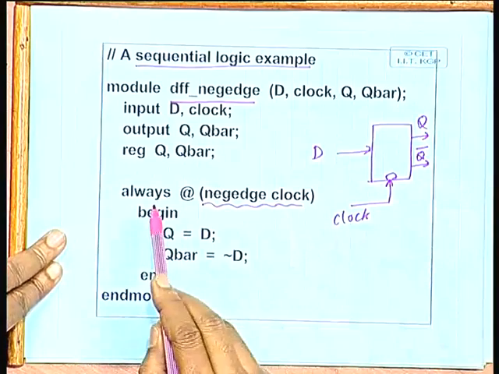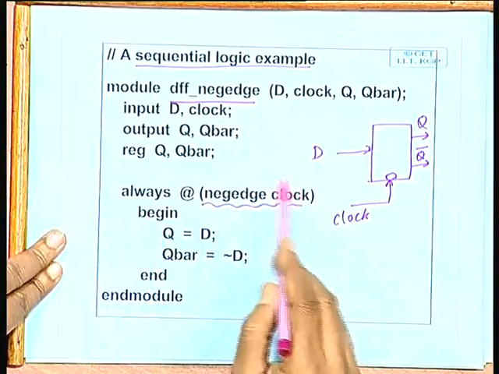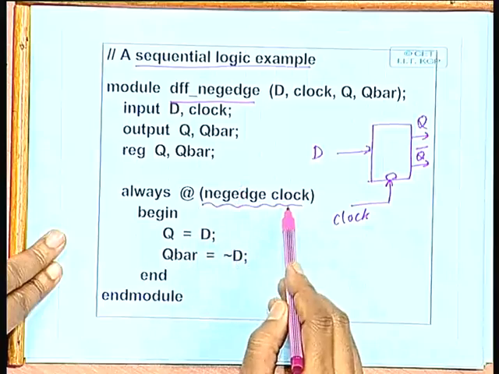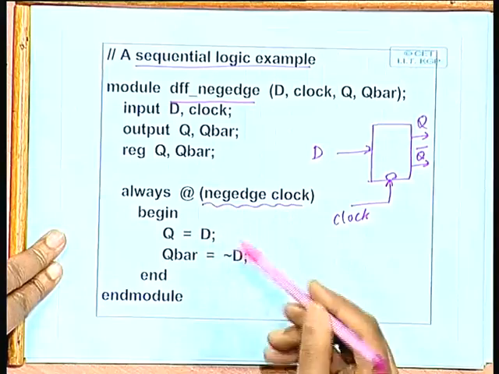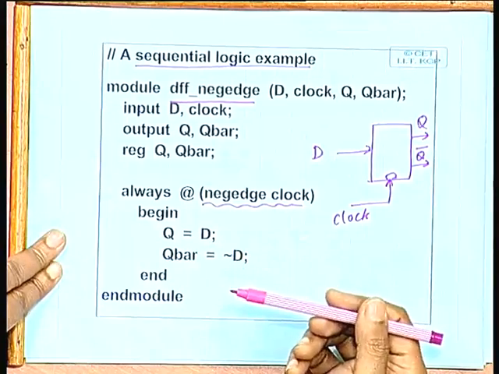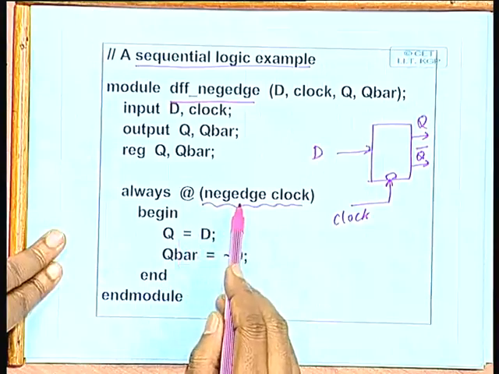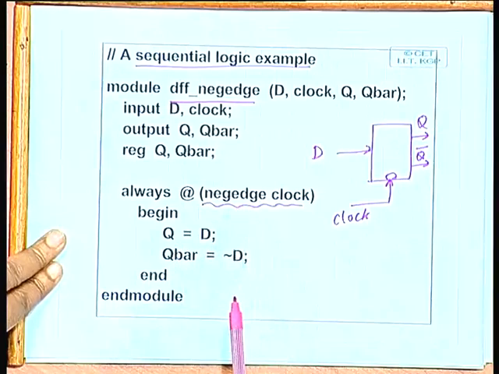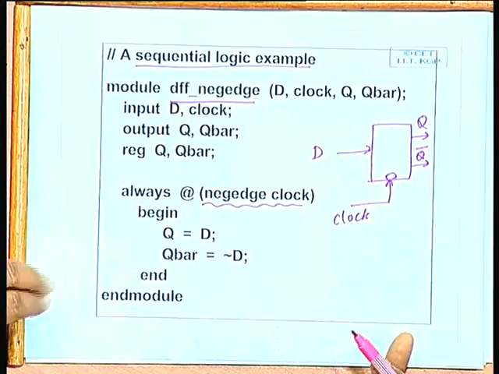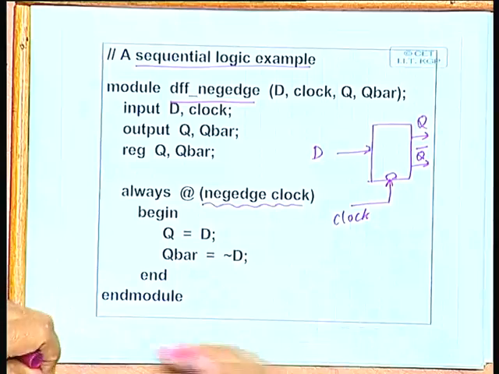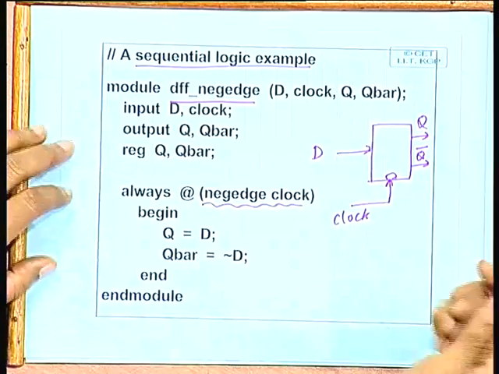If in the always block there is a phrase where either negedge or posedge of clock is used, this implies that you must have it implemented as a sequential logic, because whatever assignments you are making will be done only when the clock edge comes. That can be done only if you have a sequential logic there, right. Fine.